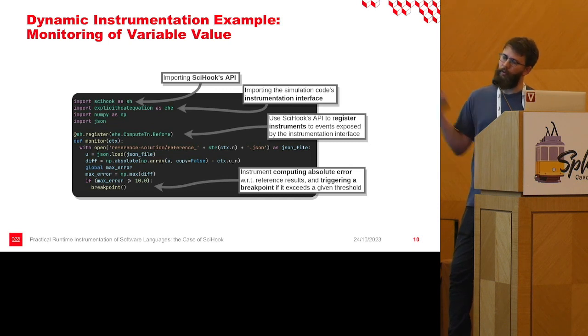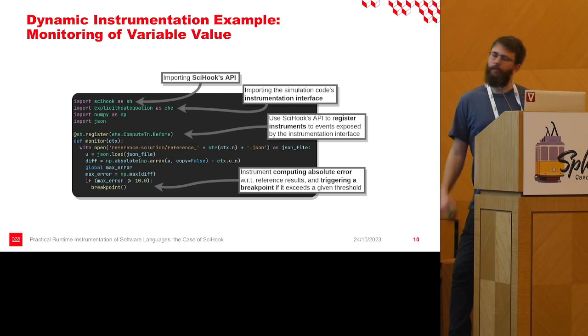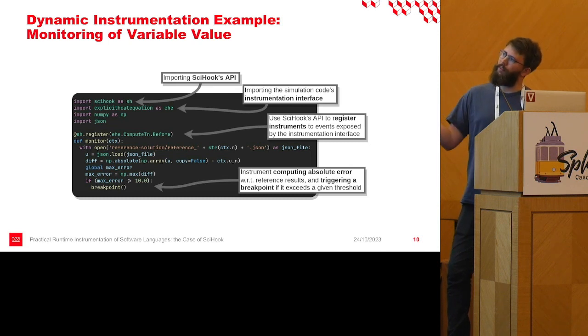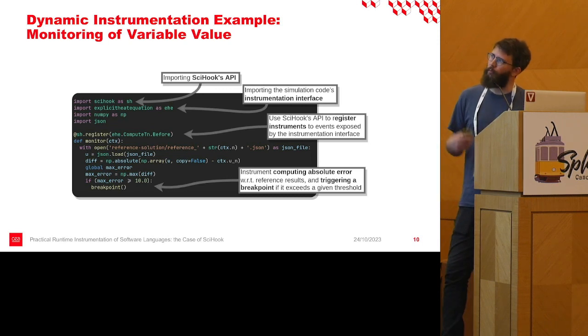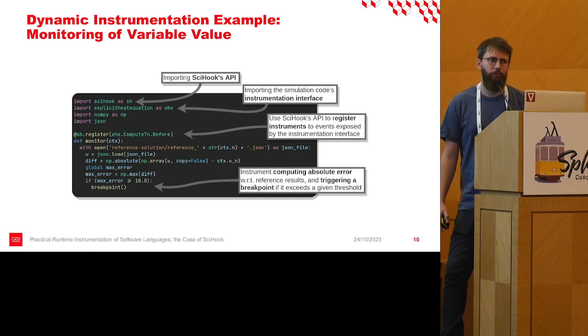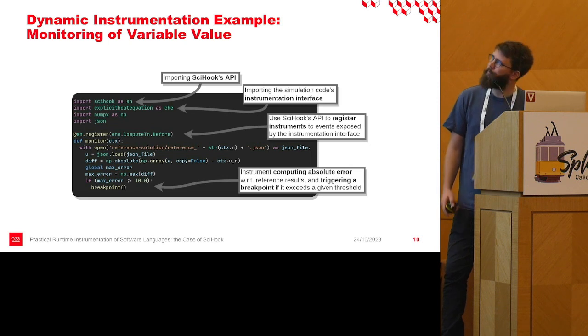And we will then compute the max error over the complete domain. And if this error is superior to 10, which is an arbitrary value, we will trigger a Python breakpoint, which will allow us to enter into interactive debugging, to run some more Python commands to try to understand what is going wrong, or to just kill the simulation because it has no meaning anymore.